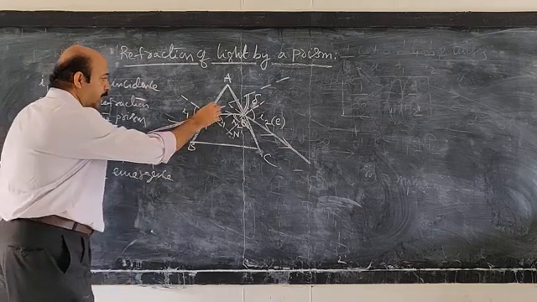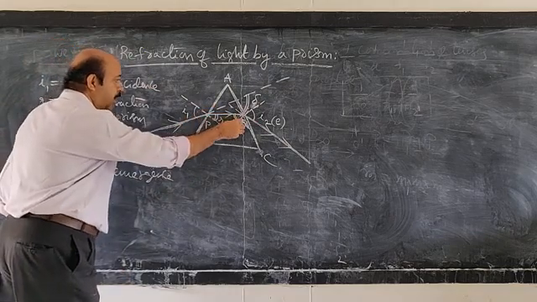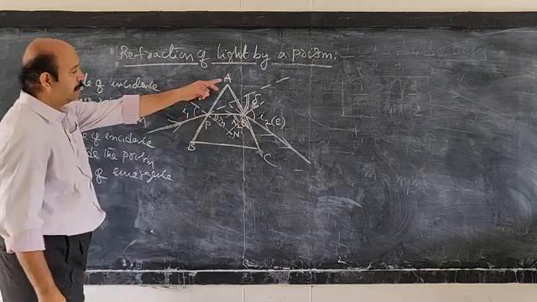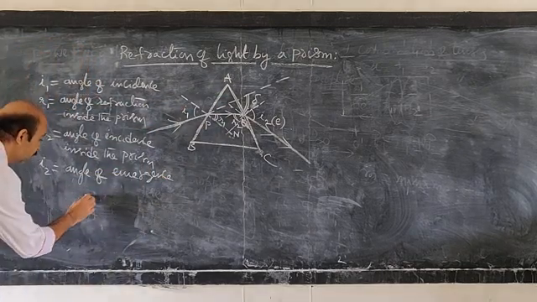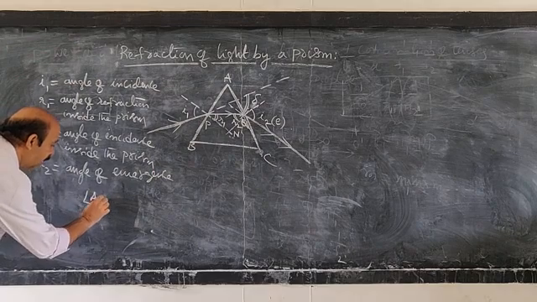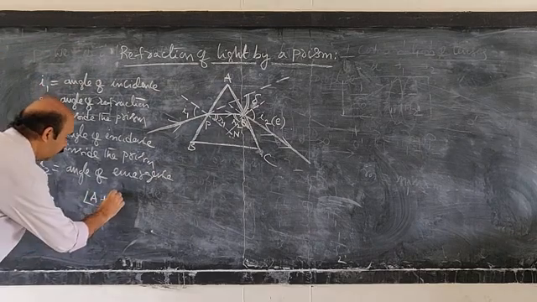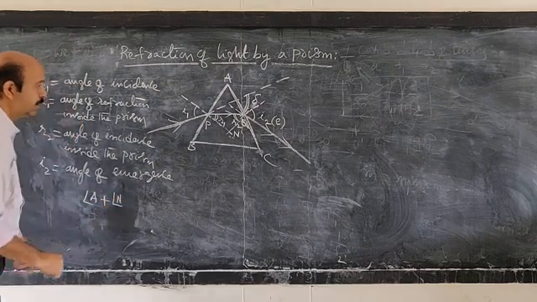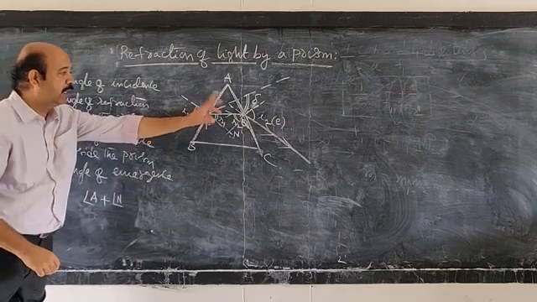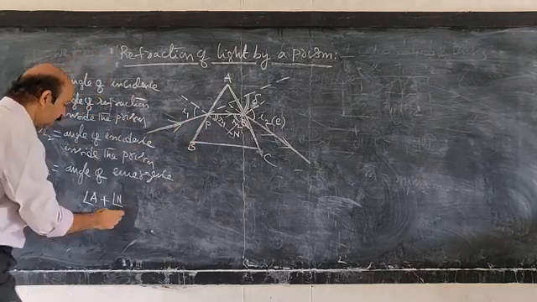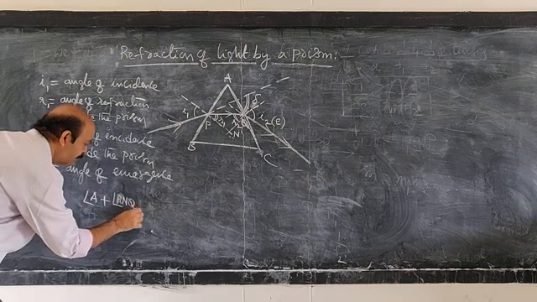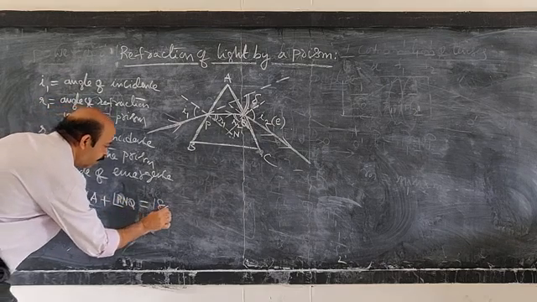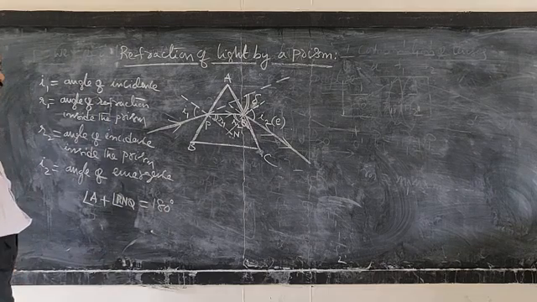Therefore the sum of the opposite angles must be equal to 180 degrees. So angle A plus the angle at N, that is angle PNQ, must be equal to 180 degrees.